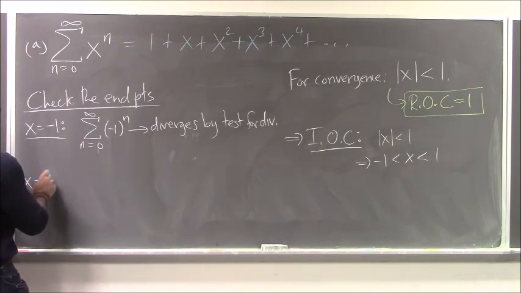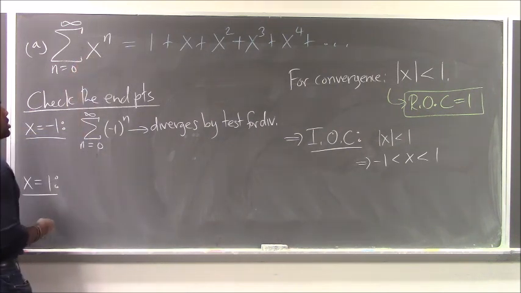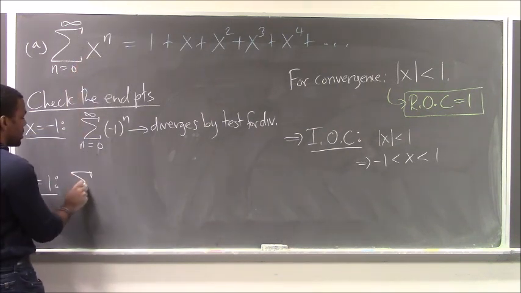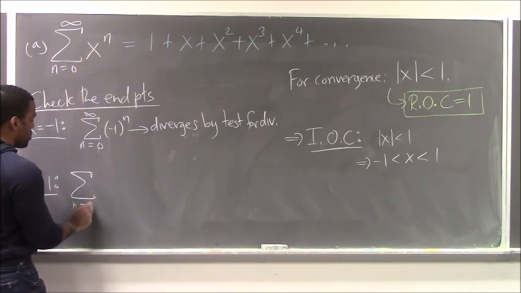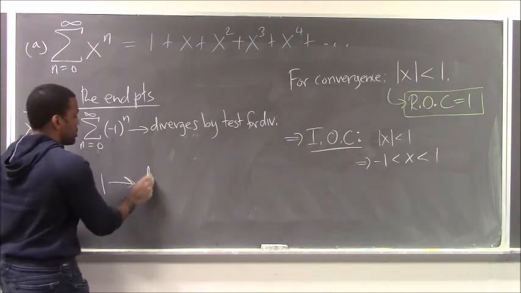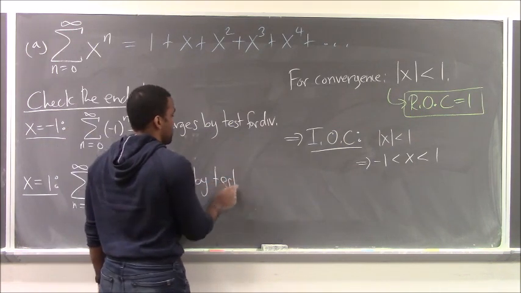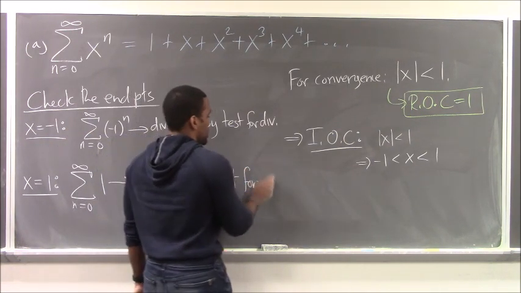If I plug in x equals 1, I'm going to get 1^n, I would get the series, n goes from 0 to infinity of 1. And again, that diverges by the test for divergence.